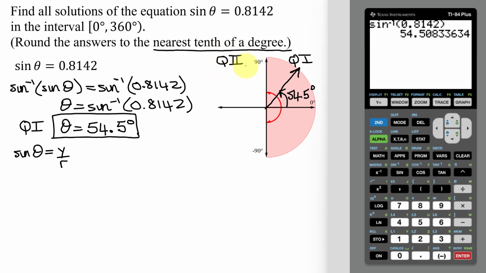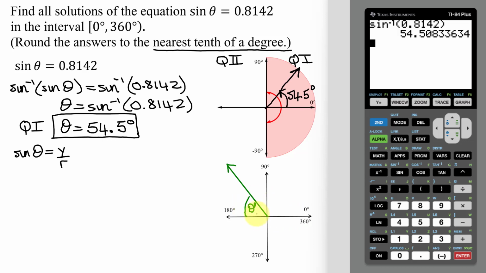So I need to find a solution in quadrant 2. And to do that, I'm going to use reference angles. So let me quickly draw my angle in quadrant 2 that I'm looking for. And remember, the reference angle is the acute angle the terminal side makes with the x-axis. So here is my reference angle, theta prime.